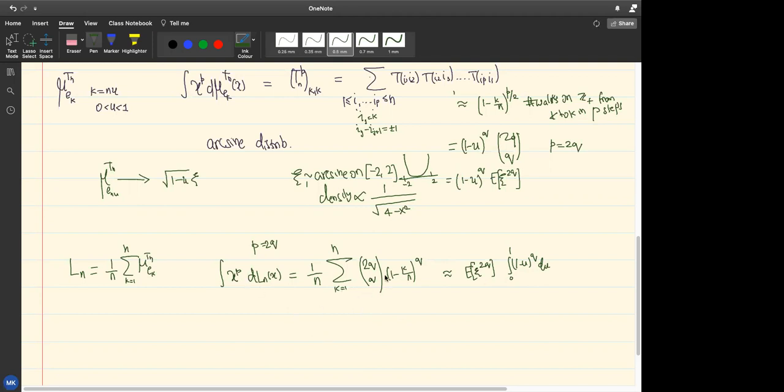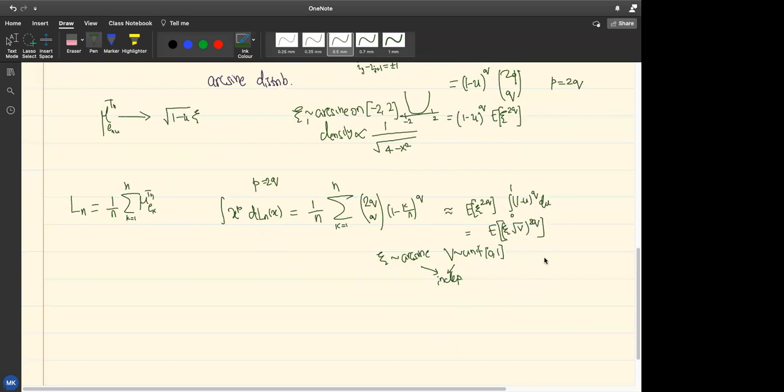So another way to write it is, you can write this as expectation of psi square root v to the power 2q, where psi as before is arc-sine, and v is uniform on 0 to 1. And these two are independent. If they are independent, then you get exactly the expression that is here for the moment of this psi root v to the power 2q.